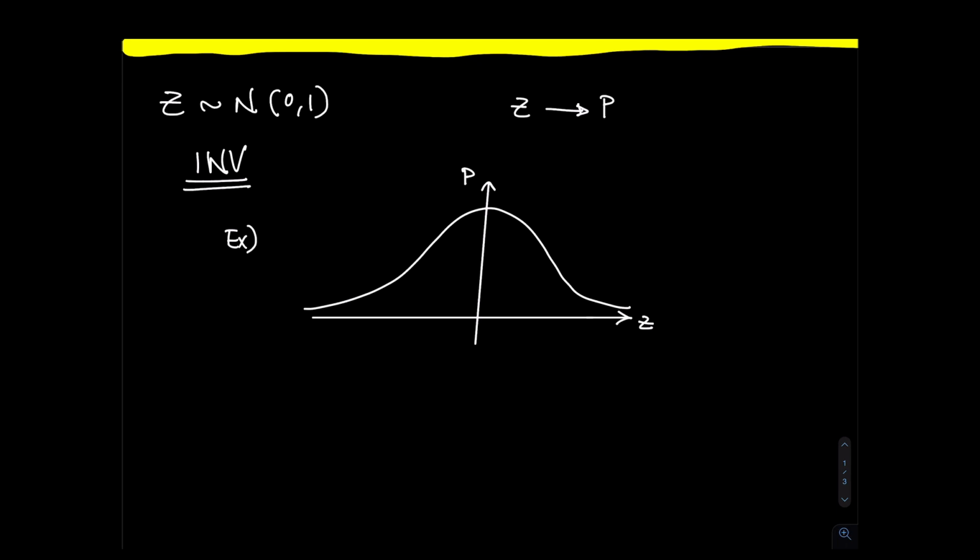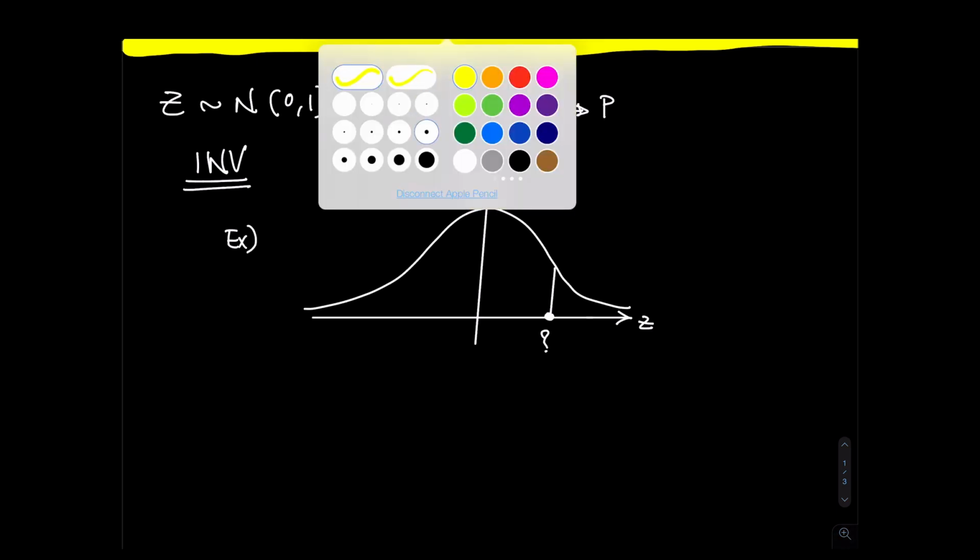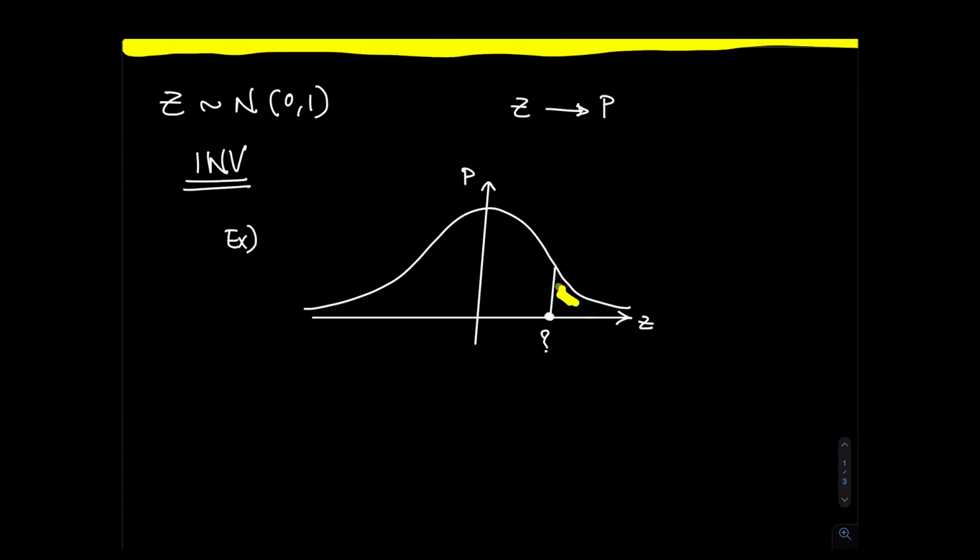All right, so let's look at an example here. We have the z-axis, the p-axis. We're dealing with a standard normal distribution, and we are talking about the backwards or the inverse problem. And how is that going to come at you? Well, the question will say, okay, I'm interested to know what z value will give me the top, let's say about 8%.